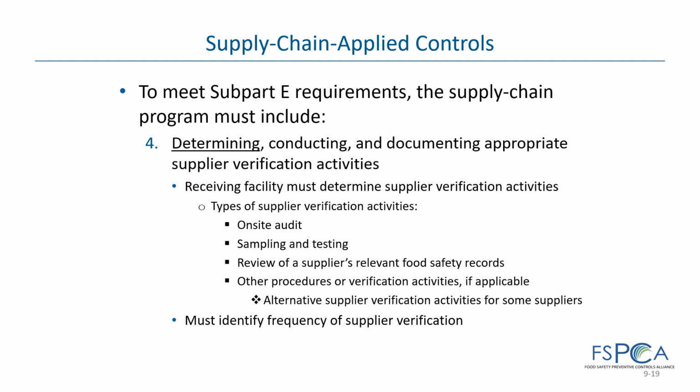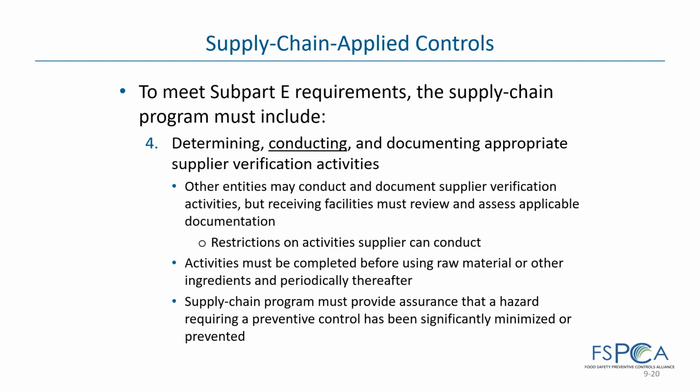You do, however, need to identify the frequency that you are going to do these verification activities at. So again, that comes back to designing these verification activities as appropriate and then conducting them according to that plan.